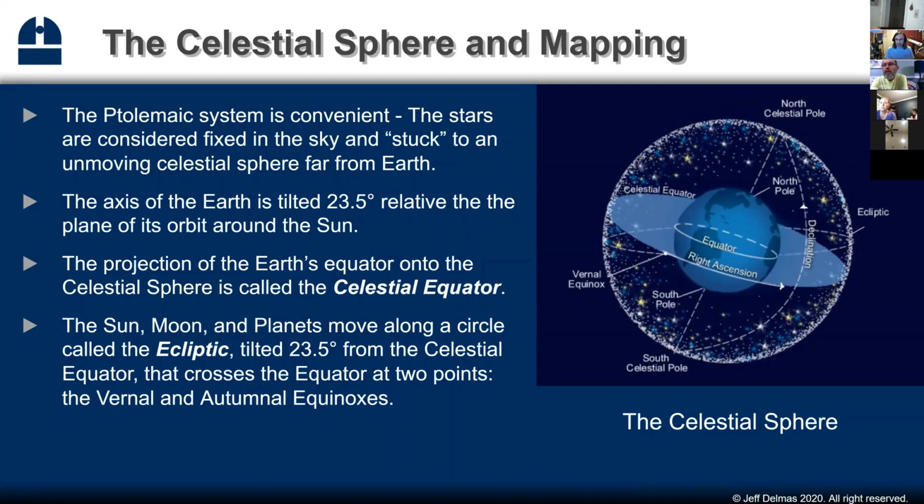You know that the end of summer just occurred at the autumnal equinox, and that winter will start at the winter solstice, and spring will start at the vernal equinox. Vernal literally means spring in Latin.